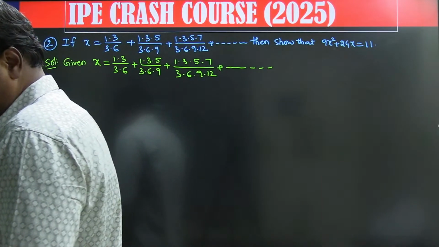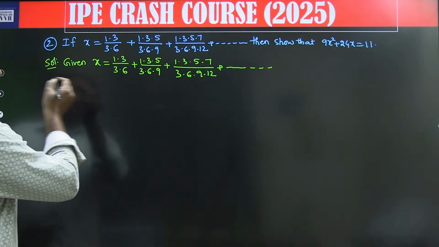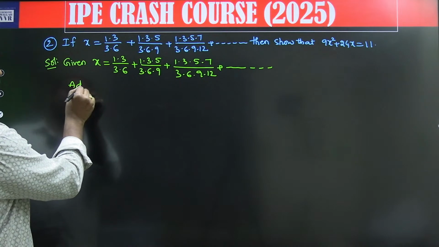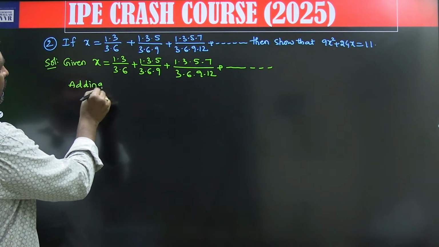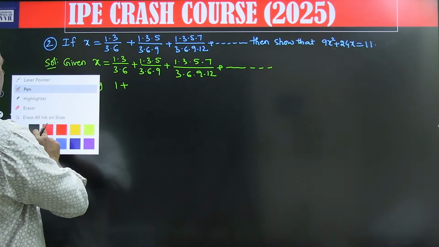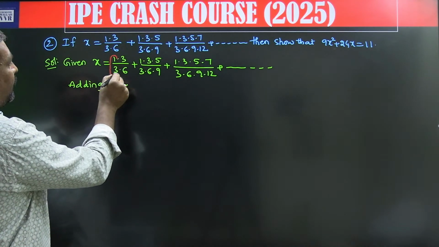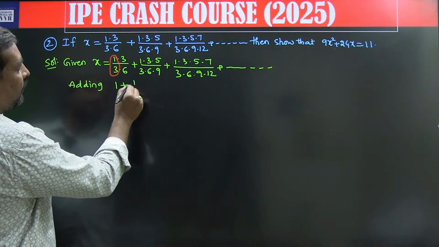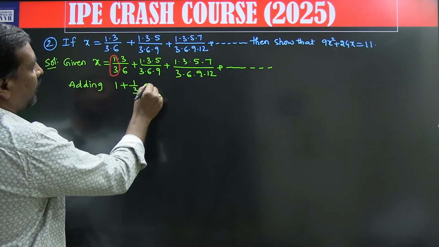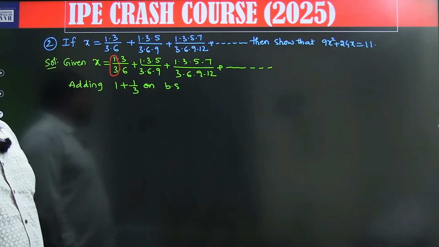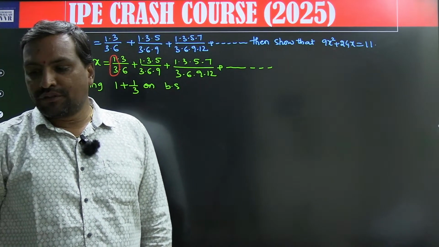Okay. Now adding 1 plus the first term. What is the first term here? First term is 1/3. So I am adding that term also, 1/3, on both sides. Adding 1 + 1/3 on both sides.